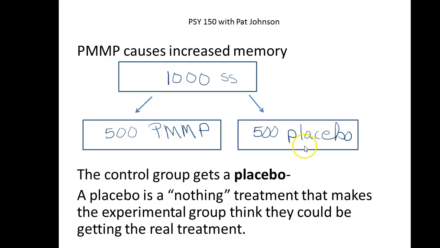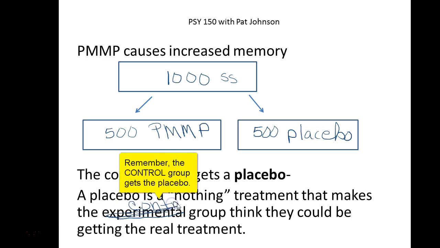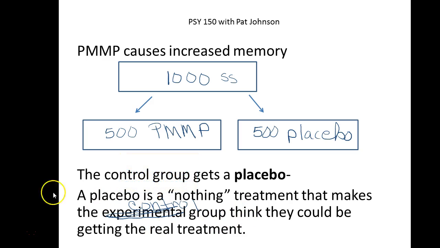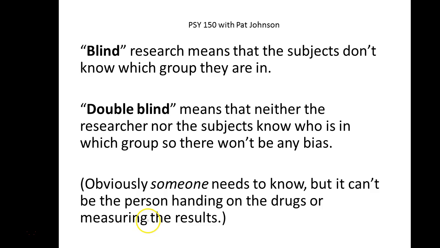In a drug study, it's often a sugar pill, but it's a nothing treatment that makes the control group think they could be getting the real treatment. So we call that blind. Blind research means that the subjects don't know which group they're in. They don't know if they've received the real drug or if they've received the placebo.